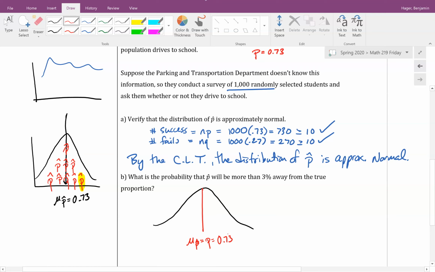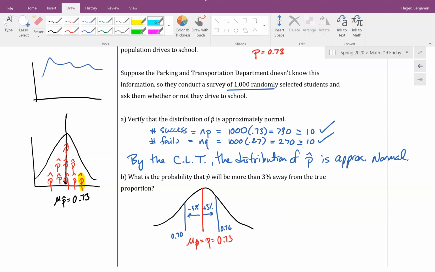And I want to know what's the chance that it is more than 3% away. Well, 3% beyond that, if I add 3% to this, I'm at 0.76. And if I go 3% the other way, if I subtract 3%, I'm at 0.70 or 70%.